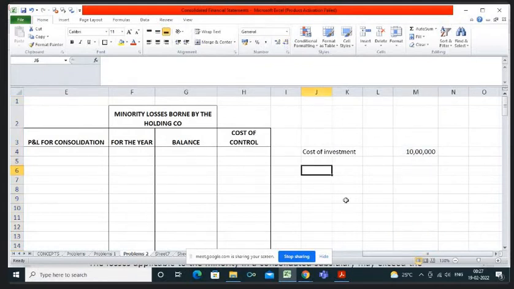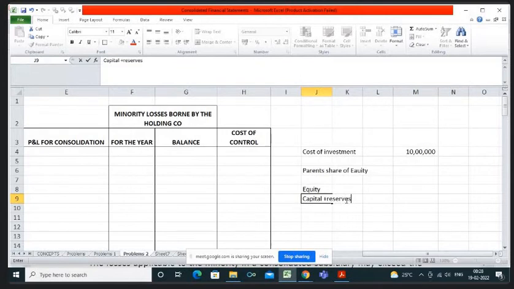We have to compare it with the parent share of equity. So for that, we have to find out what is the amount of equity. In this case, what is given? Capital plus reserves. And we have to have the parent's shareholding.